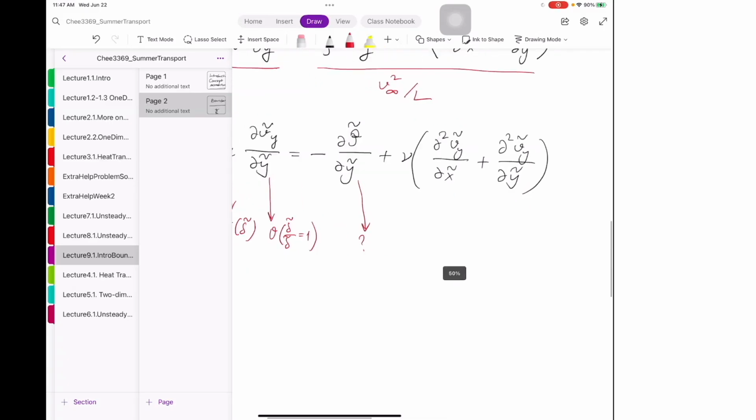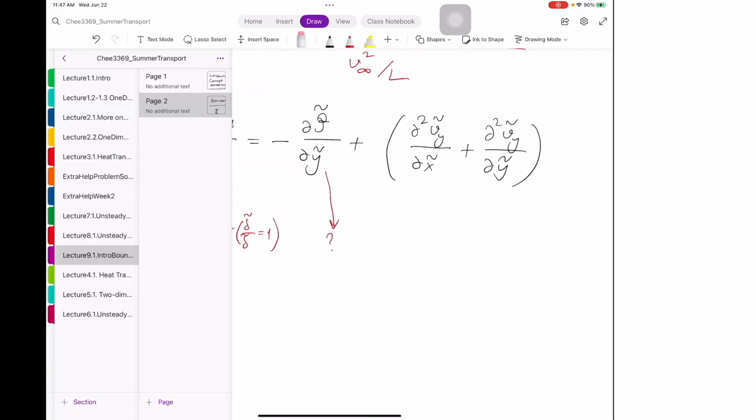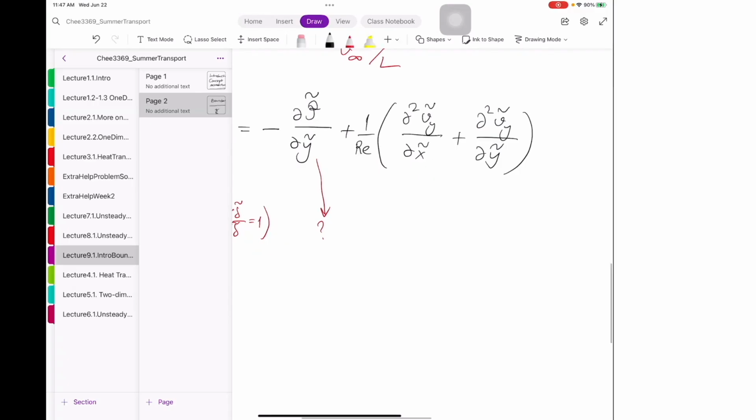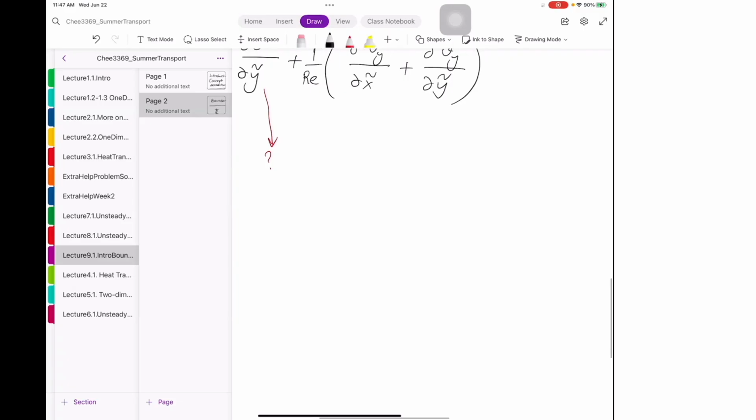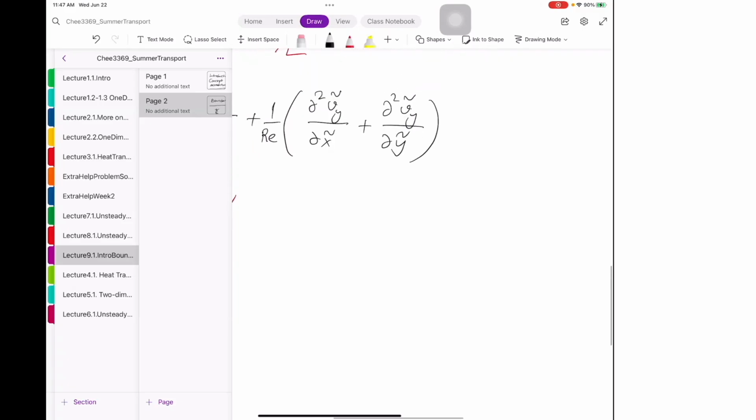This one, let's say we don't know. By the way, we got the Reynolds number here, right? So you should have warned me about that 1 over Reynolds number after non-dimensionalization. For this one, we have order delta tilde, and this one is in the order of 1 over delta tilde. So this is much, much larger than that.